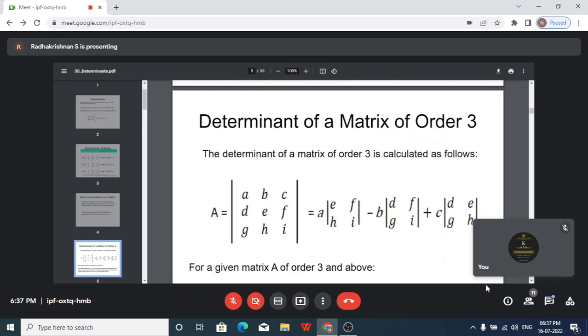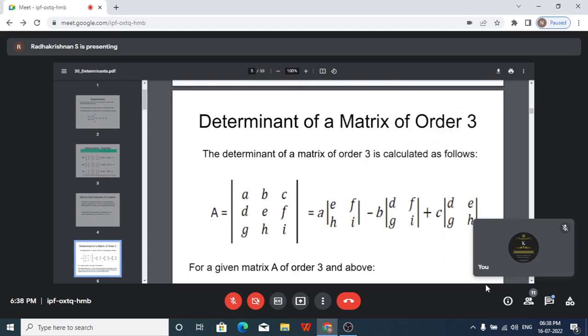Okay, next we put minus, because for cofactor we saw that it is minus 1 to the power of i plus j. So next the second element B. B into, so when we delete the row and column where B is, DFGI will remain, right? So we can write DFGI.